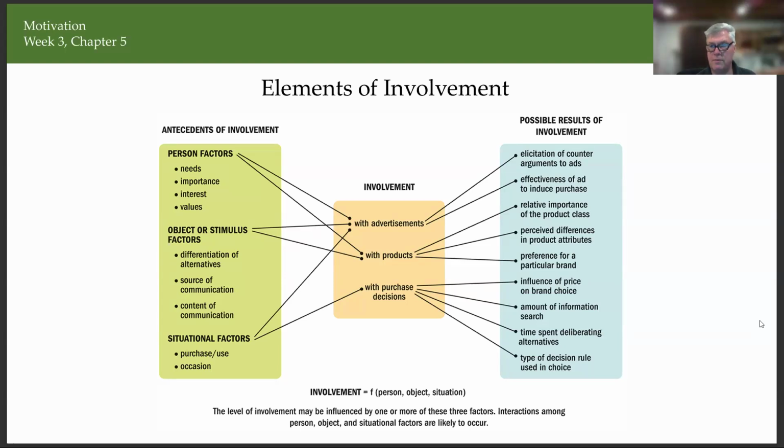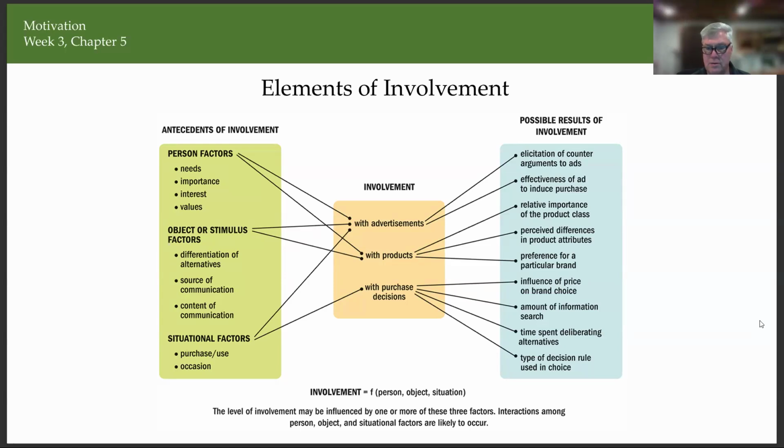Possible results of involvement: elicitation of counterarguments to ads. Maybe you'll see an advertisement and say, no way, man, I tried that before and it doesn't do what they say it will do. Effectiveness of an ad to induce a purchase happens every day, by either reinforcing something, reminding somebody that they need some, or possibly opening somebody's eyes.